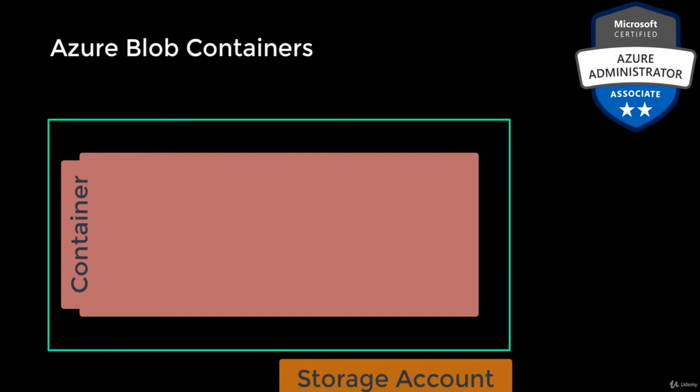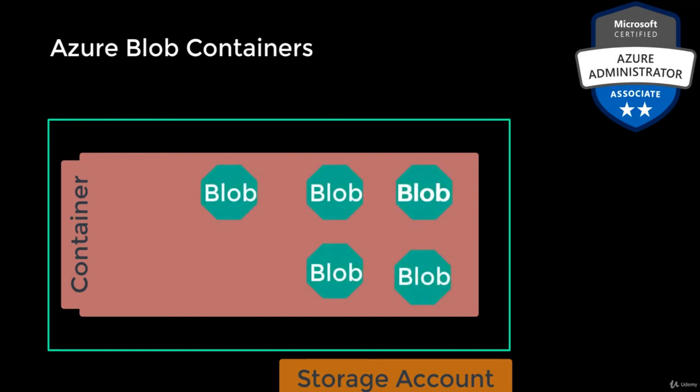Within the storage account, you can group as many blobs as needed in a container. A container provides a grouping of the set of blobs. All blobs must be in a container. A storage account can contain unlimited number of containers. There is no limit to that. Also, a container can store unlimited number of blobs.